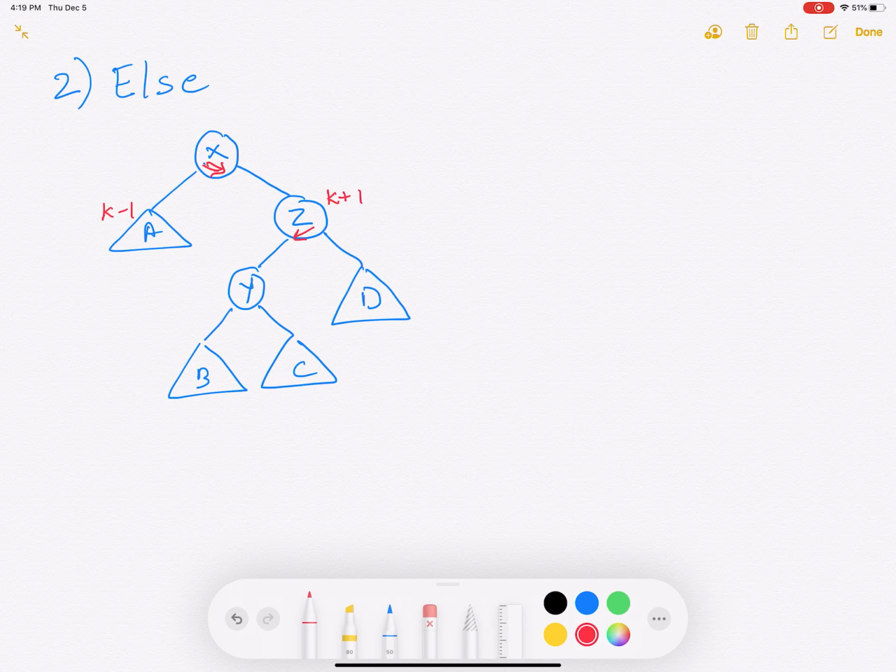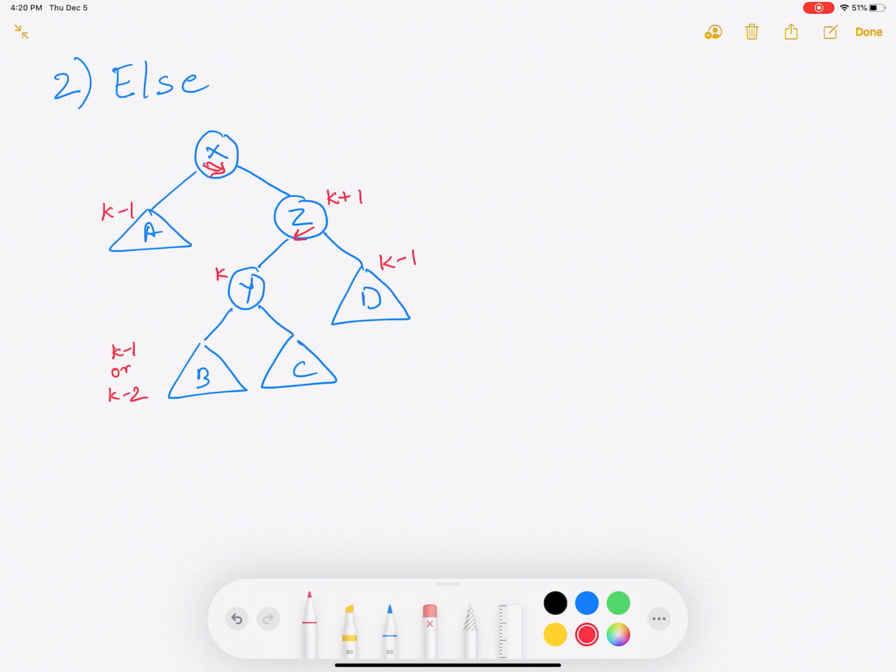That's why X is doubly right heavy. Now Z is left heavy, so Y has a height of k, and D has a height of k minus 1. A, B, and C can have a height of k minus 1 or k minus 2.